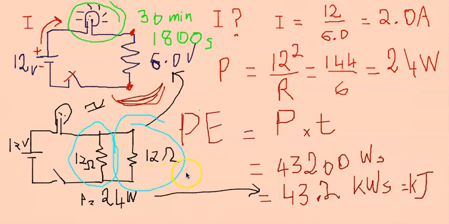So this single branch would have 12 watts, and the other one would have 12 watts. And when we add those two up, you get the 24 watts. 12 watts is the power for one branch of resistance, the other branch is 12 watts as well, so when you add the two up, you get 24 watts for the whole system. So we add up these energies.